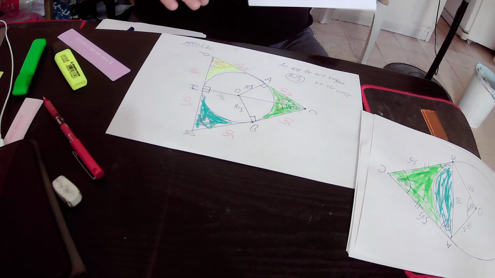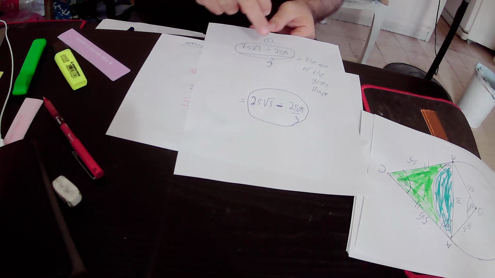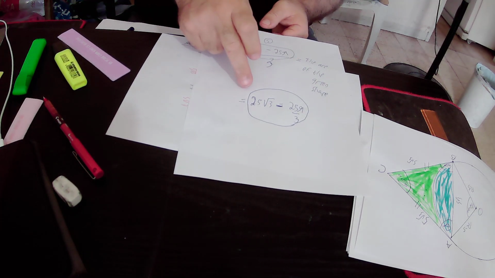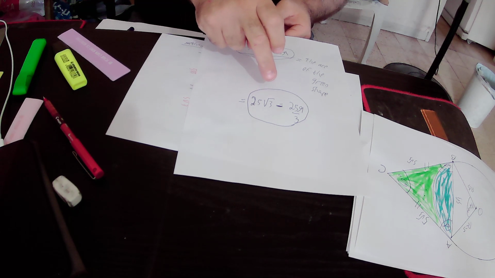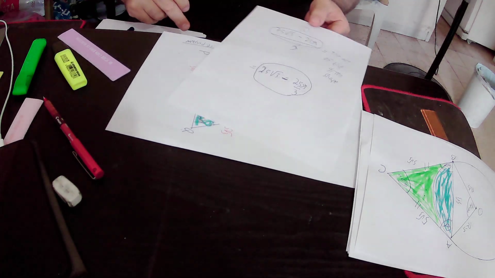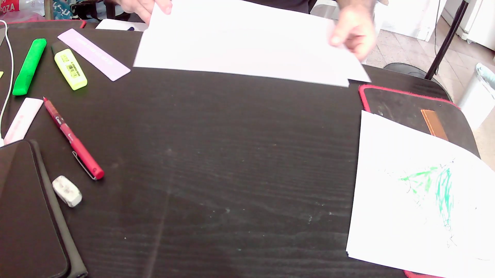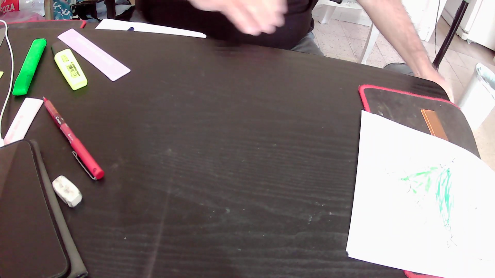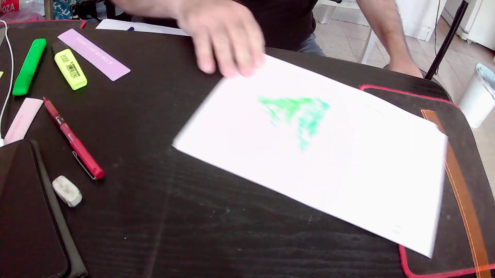So we divided the total areas of the three shapes by 3, and we got the area of the green shape, that is 25 times root 3 minus 25 pi over 3 square units. Okay, so that was the second method to find the area of the green shape.